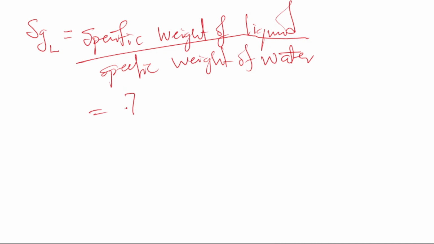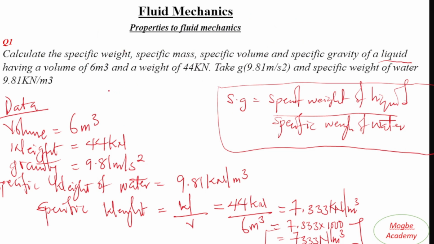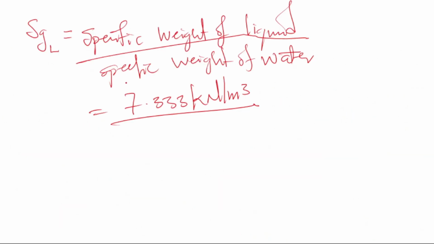So you have 7.333 kilonewton per meter cube divided by the specific weight of water, which was given to us in our question. And what was that? Look at the specific weight that was given to us. So we have 9.81 kilonewton per meter cube. So you impute that into this equation.